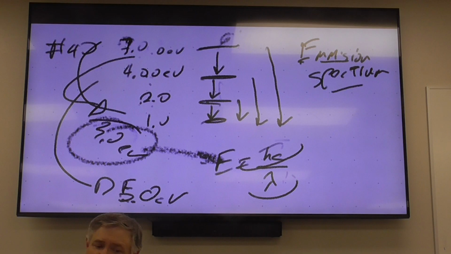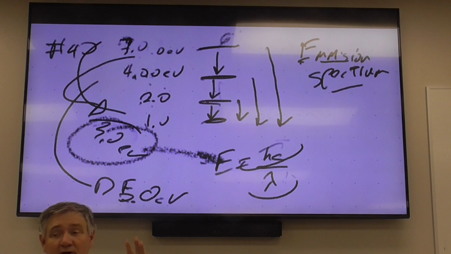If you've already done the 7 to 4 transition above, here's the deal: we can't tell what's creating that 3 electron volt light. I don't know if it's moving from 7 to 4 or from 4 to 1, because the net difference in those energy levels is the same. So 7 to 4, 4 to 1, exact same light.